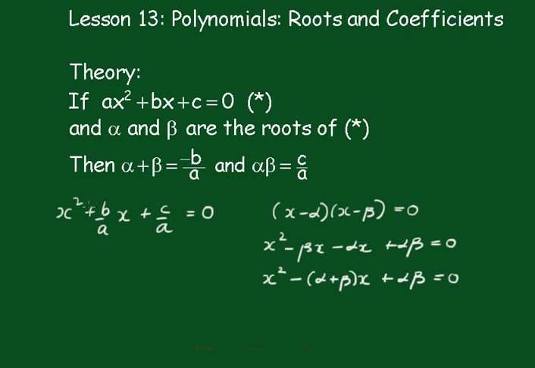Now these are identical equations. So we'd say therefore x squared plus b on a x plus c on a must be identically equal to x squared minus (alpha plus beta) x plus alpha beta.